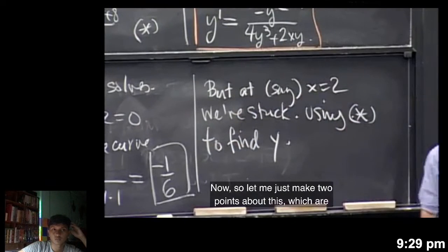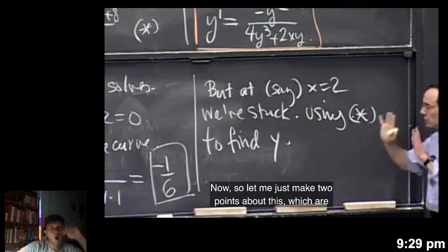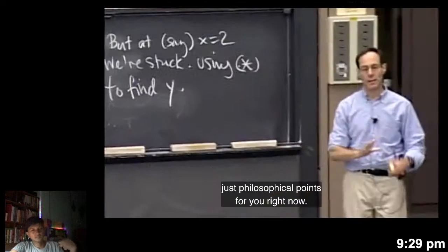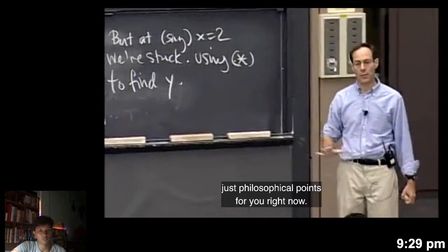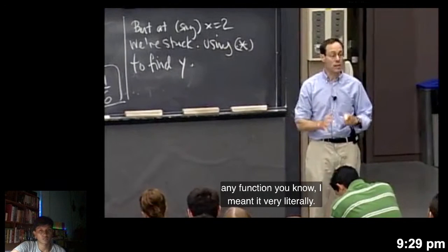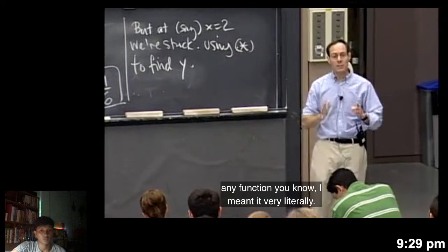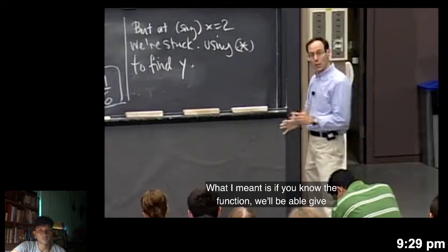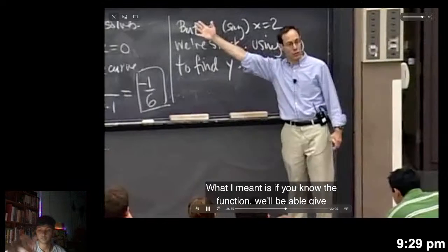Now, let me just make 2 points about this, which are just philosophical points for you right now. The first is, when I promised you at the beginning of this class that we were going to be able to differentiate any function you know, I meant it very literally. What I meant is, if you know the function, we'll be able to give a formula for the derivative. If you don't know how to find a function, you'll have a lot of trouble finding the derivative. We didn't make any promises that if you can't find a function, you will be able to find the derivative by magic. That will never happen.